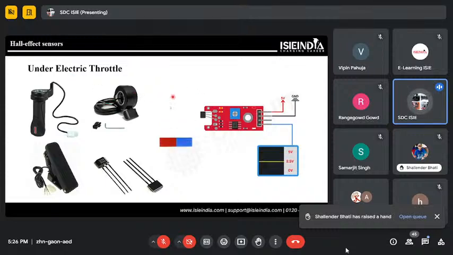I've taken one animation to understand how the Hall effect sensor works. You can see that when the magnet comes near the Hall effect sensor, the voltage increases, right? So we are giving an input power supply to the throttle, and we are getting an output as a waveform response.